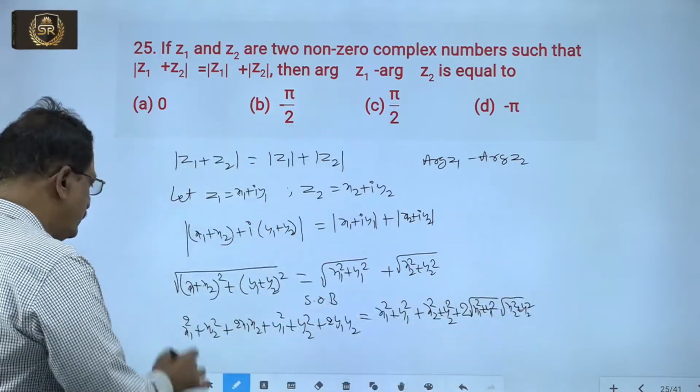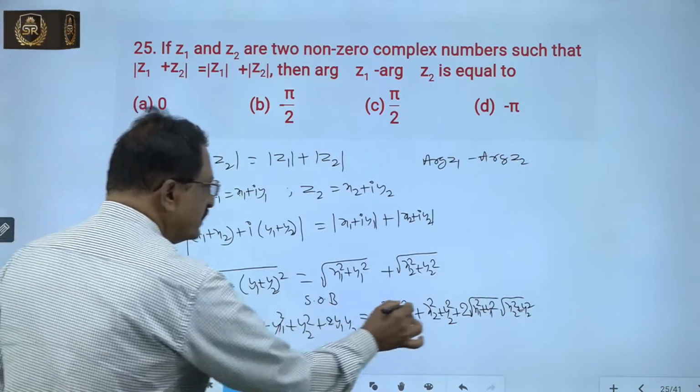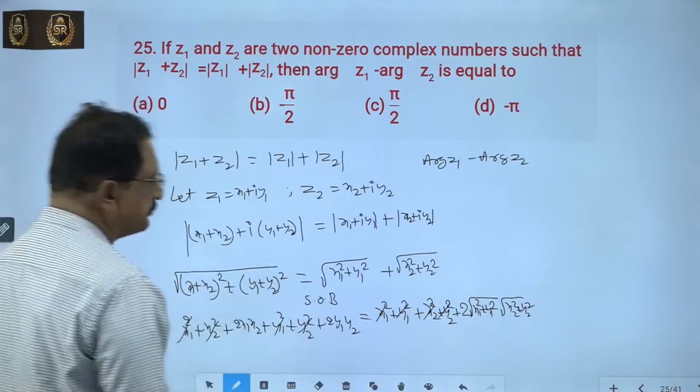Now x1 square, y1 square, x2 square and y2 square cancel on both sides.